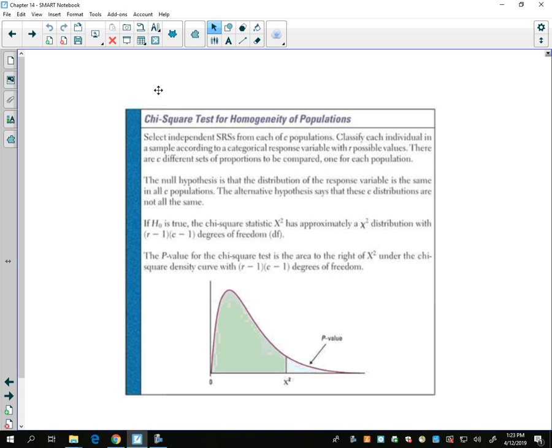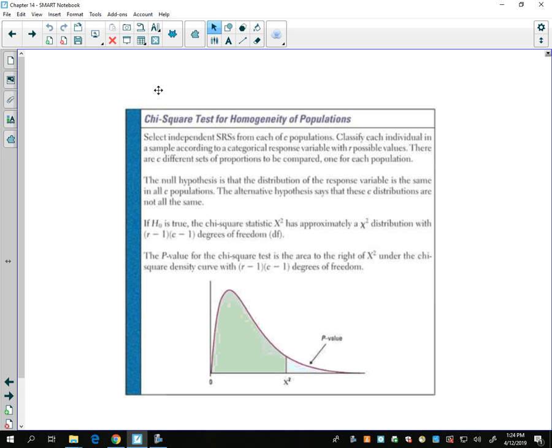In goodness of fit, you're looking at one population and seeing if the proportions are equal. In the test of association, you're looking at categorical variables usually presented in a two-way table, and you're seeing if the two categorical variables are associated with each other or dependent upon each other.